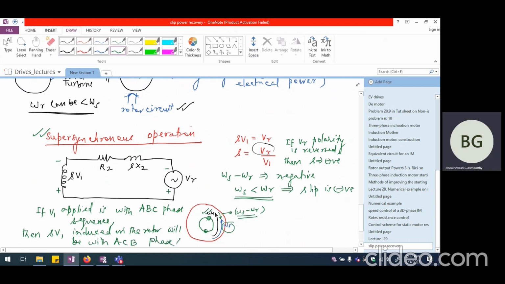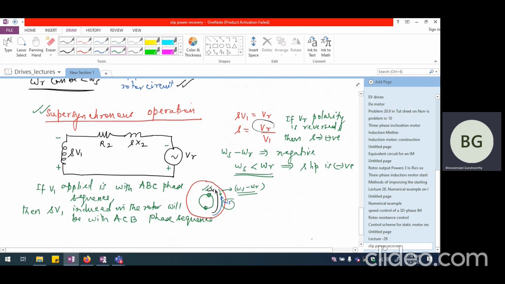So it will be with reverse phase sequence, because the rotor conductors will visualize the revolving magnetic field as though it is rotating in the opposite direction, but the speed will be omega r minus omega s. The magnitude of the speed will be omega r minus omega s. So not only the polarity is reversed, but the phase sequence is also going to be reversed.